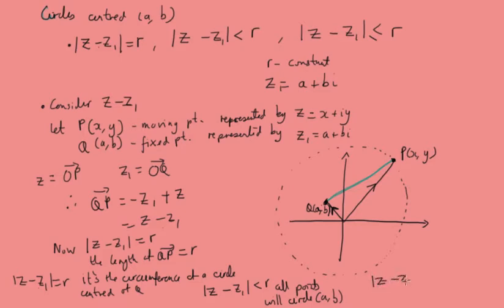And z minus z1 less than or equal to r is all points in the circle and the circumference.